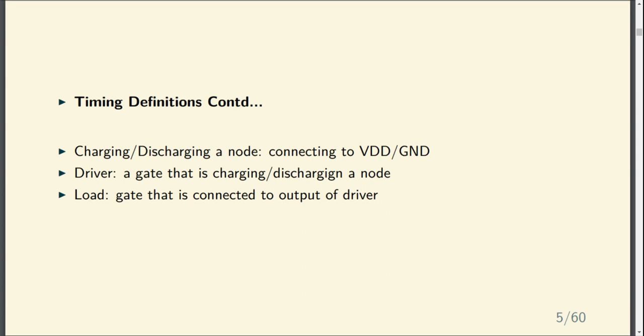But it is also connected to some other gate. For example, a NAND gate might be driving the input to another OR gate or an AND gate. That gate is called the load part. So together, the driver and the load will be connected to the same signal. The driver will be driving the signal, and the load is the one which is getting the output of the driver.